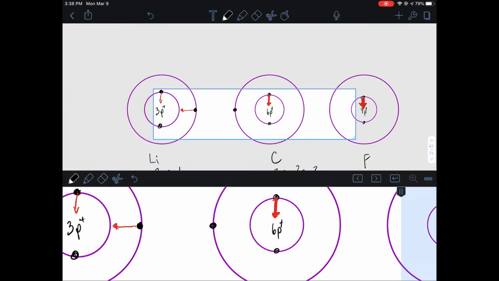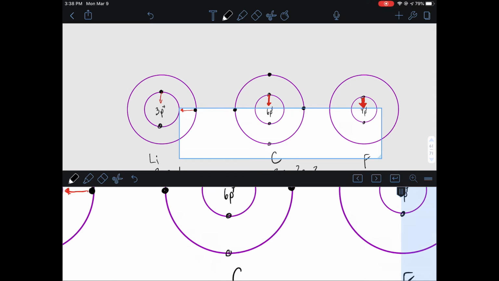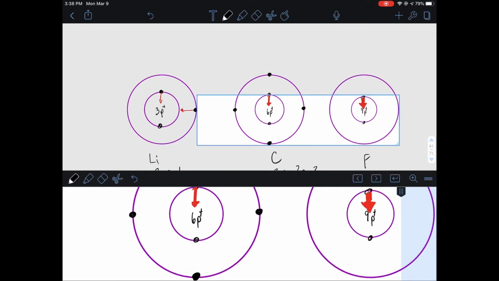On the next one, we have carbon electrons. Now notice that we're treating each electron individually because they are all equal in this case. We know a little bit more than I'm letting on. We know that these are s electrons and p electrons. So there is probably a difference in terms of energy and the amount of attraction.